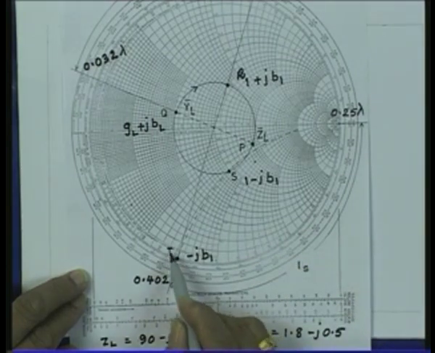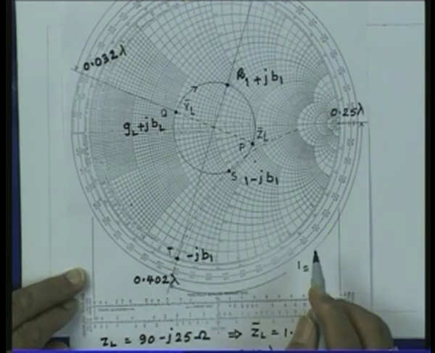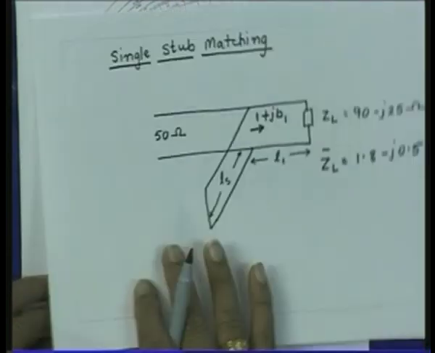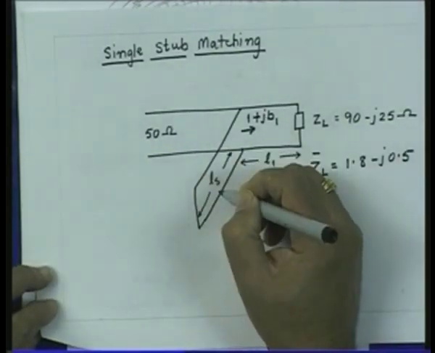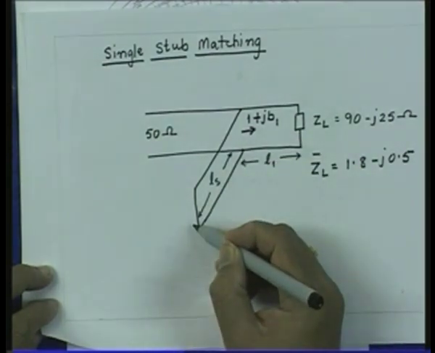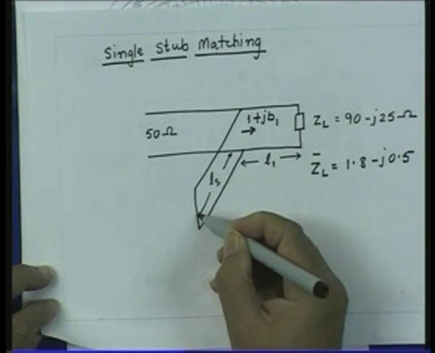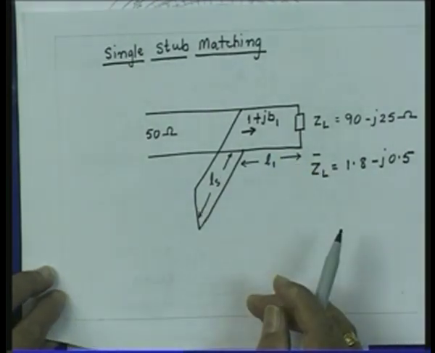So, this point T represents a pure susceptance of value minus jB1. Now, if I want to have a susceptance minus jB1 seen here, from that susceptance I go away from the generator till I reach the short circuit point, and that gives me the length of the stub.